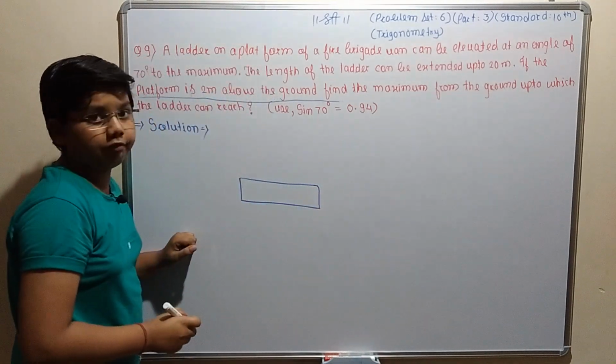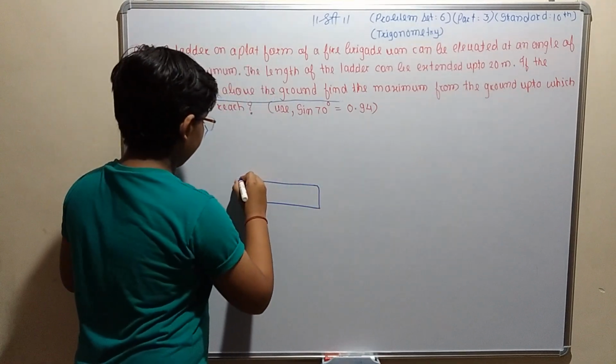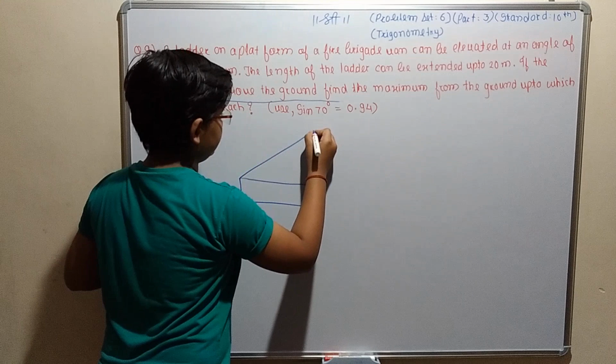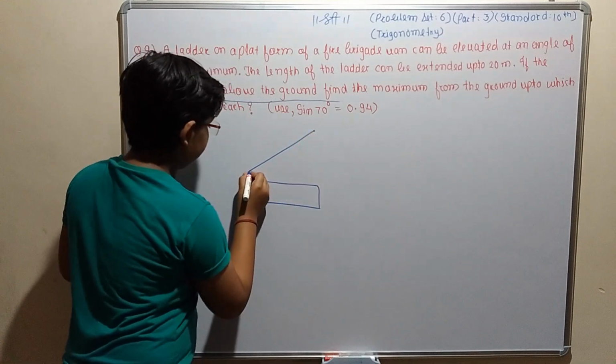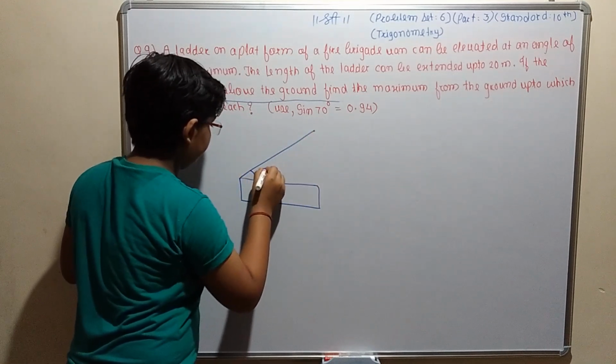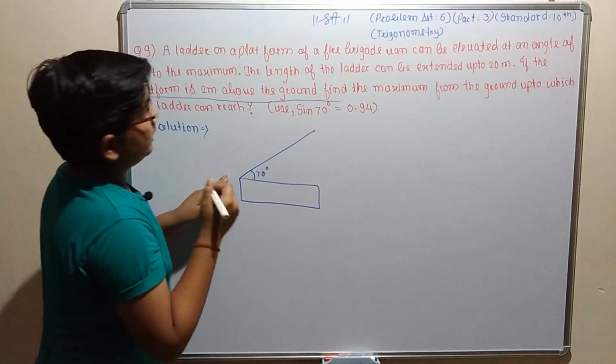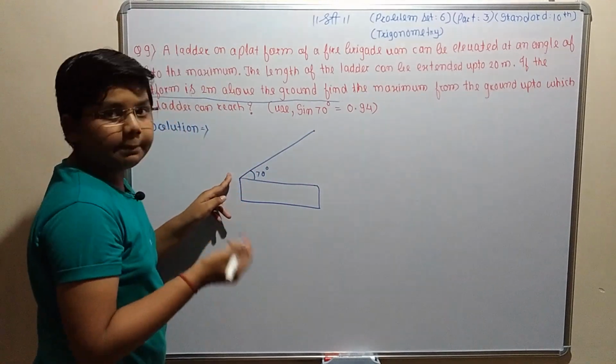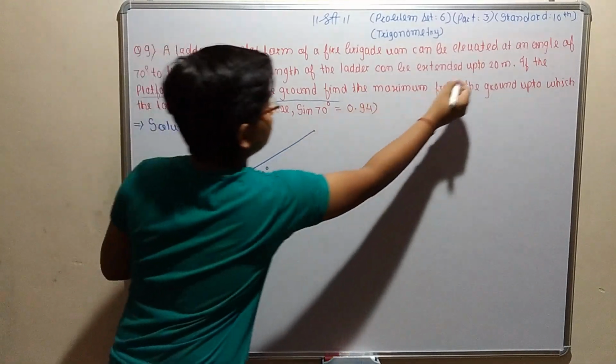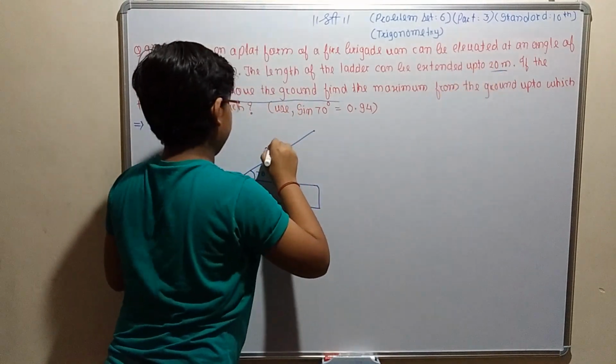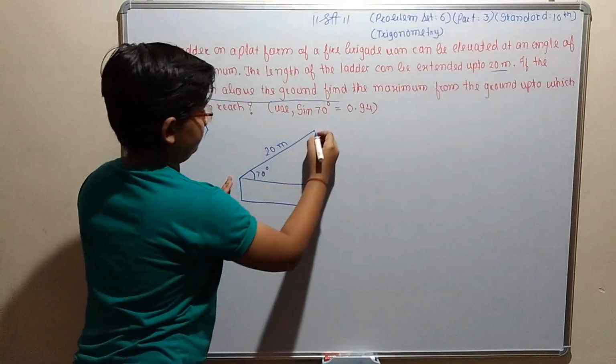Here is a van of the fire brigade, and this is a ladder which is making an angle of 70 degree. And what is the length of the ladder that can be extended? It will be equal to 20 meter.